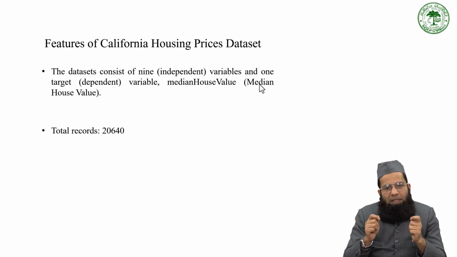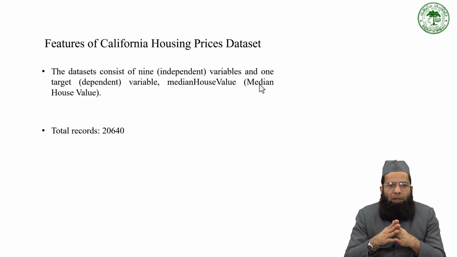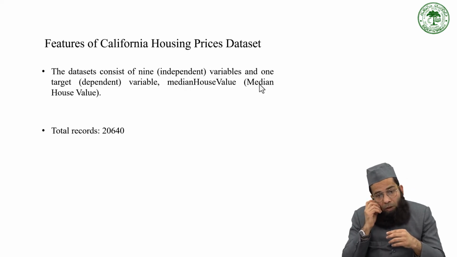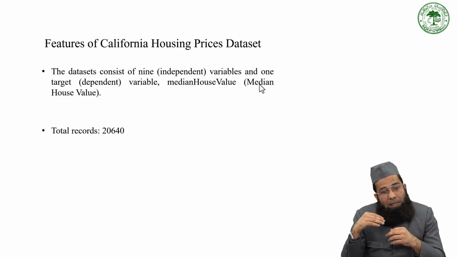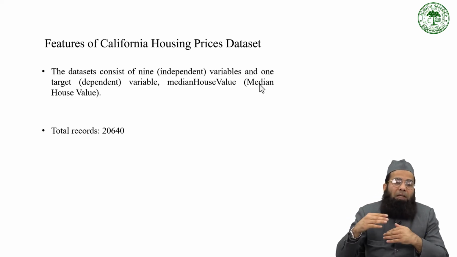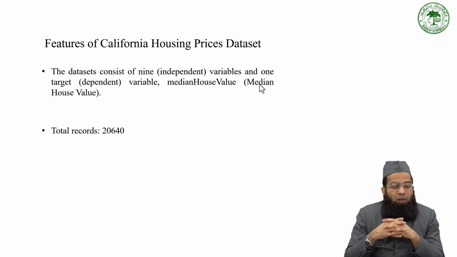This dataset consists of 9 independent variables and 1 target, that is the dependent variable, median house value. The total number of records is 20,640, so it has a huge number of records.